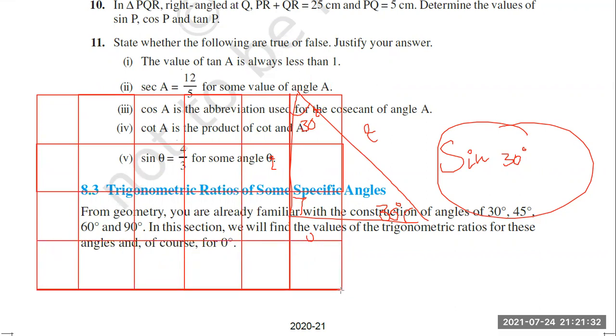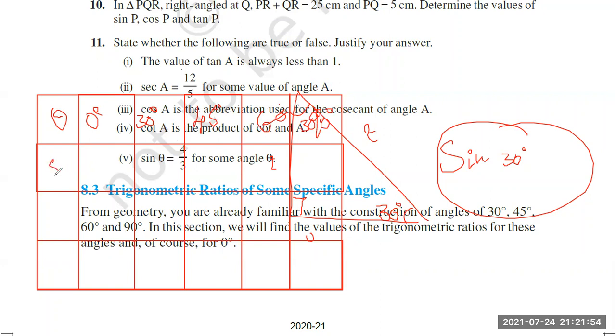But before we just mug up, it's better for us to know how we actually get these values. Suppose this is theta, and here it is 0 degrees, 30 degrees, 45 degrees. These are specific angles. 60 degrees and then 90 degrees.